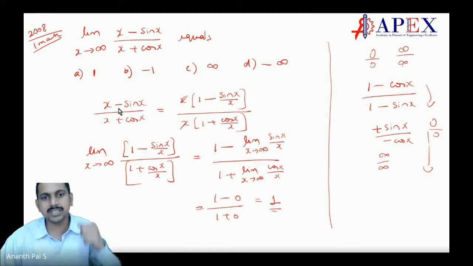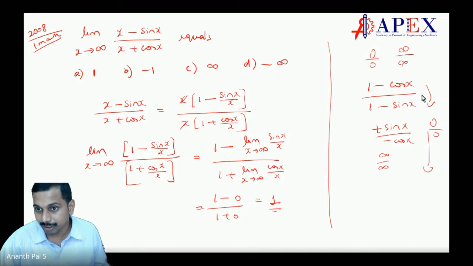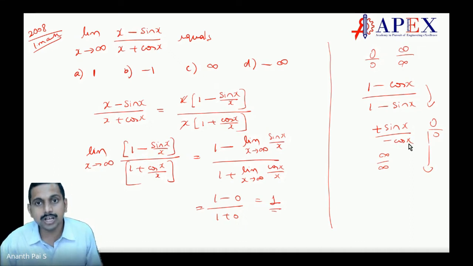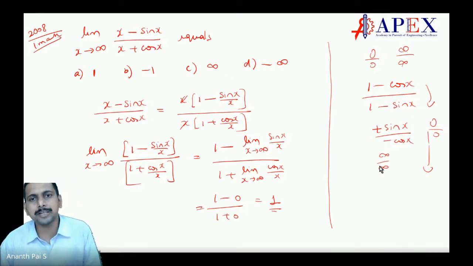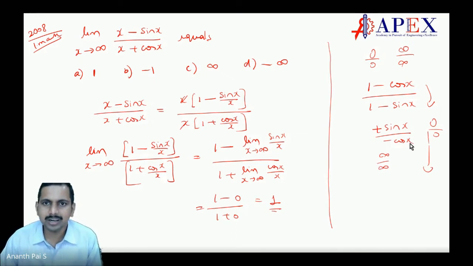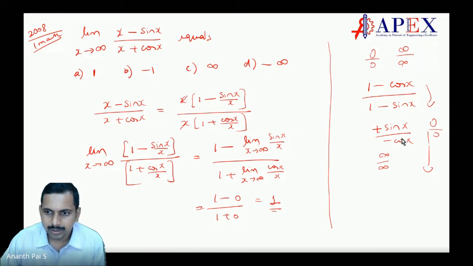Next, we have seen this question where L Hospitals does not work, because at the end, first time it works. Second, third time when you go, you don't get 0 by 0 or infinity by infinity, because when you say cos 0, cos infinity can be anything, depends on what multiples of pi by 2 it is, is it not? So we cannot say anything about infinity. Correct. So we cannot for sure make it 0 by 0. Correct. So what happens? We have to use this method where x minus sine x, x plus sine x cos x.